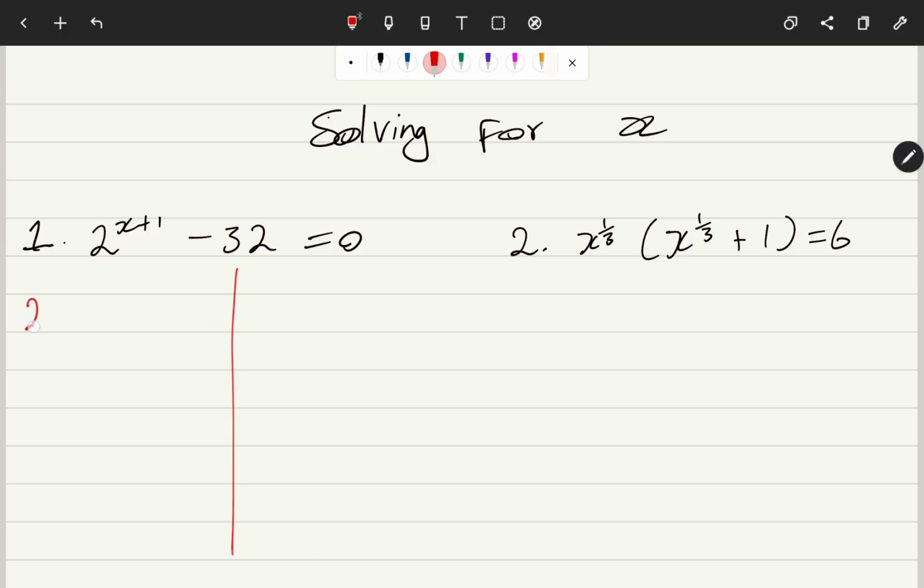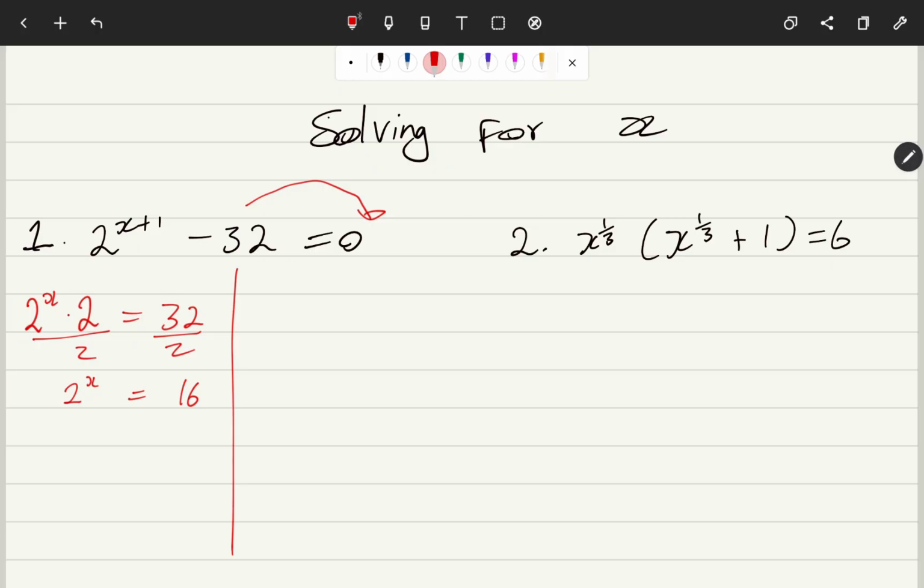So basically I had 2 to the power of x multiplied by 2, right? Cool. And now they say, okay, let me take this 32 to that side. So now I have 32 divided by 2, and you have 2 to the x is equal to 16. Now when we are solving for x, what we try to have is either the same exponent or the same base.